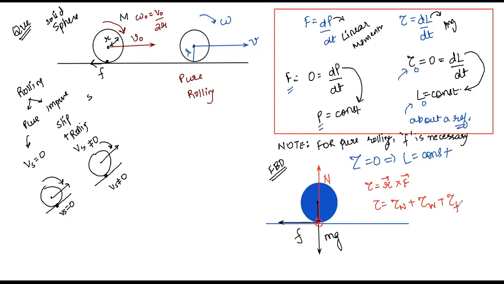What is that condition? That normal reaction is also passing through this point, weight is also passing through this point, and friction is also passing through this point. Right or wrong? See, all the forces, friction, normal reaction, and weight, all are passing through this point. Correct? Correct, sir.